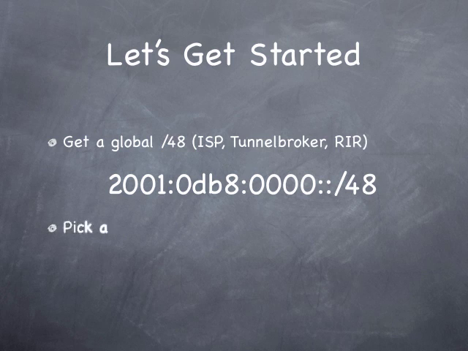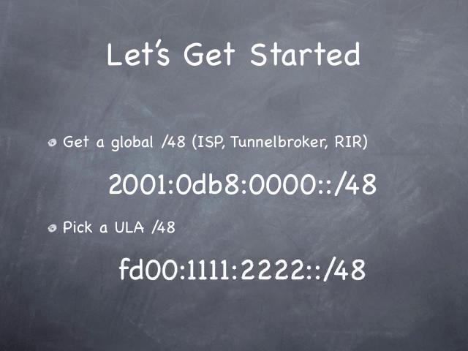Next, you're going to pick yourself a unique local address. Now, there isn't really a terribly lot of guidance on how to do it. Just start with FD and then pick something random. Now, there are some algorithms that you're supposed to use, but really what it comes down to is the next 32 bits here are random to minimize the chances that someone else picks the same block.